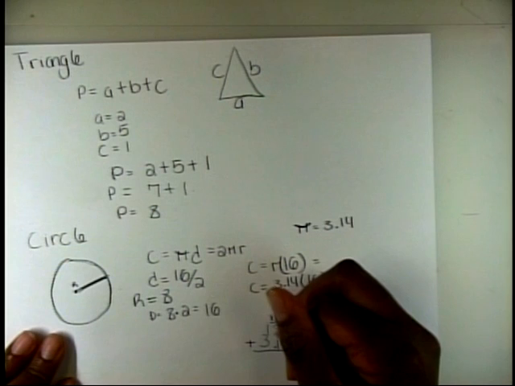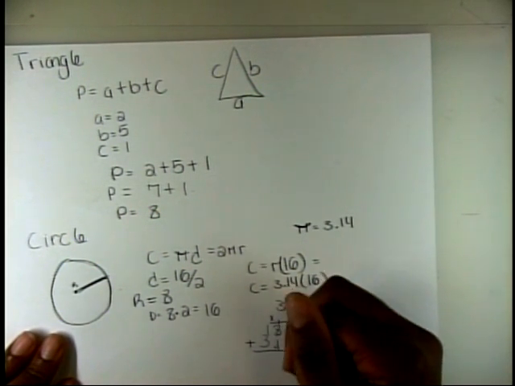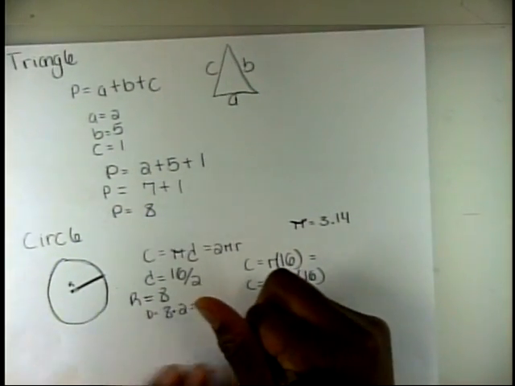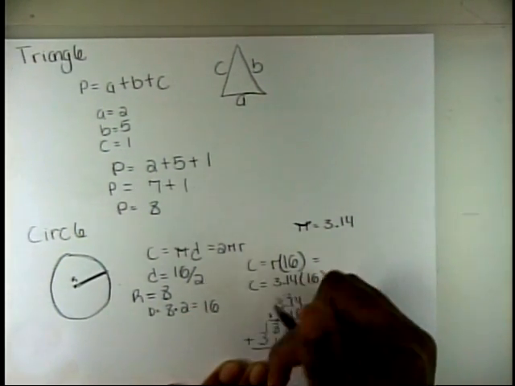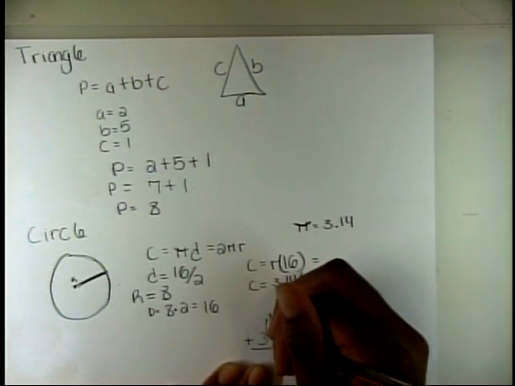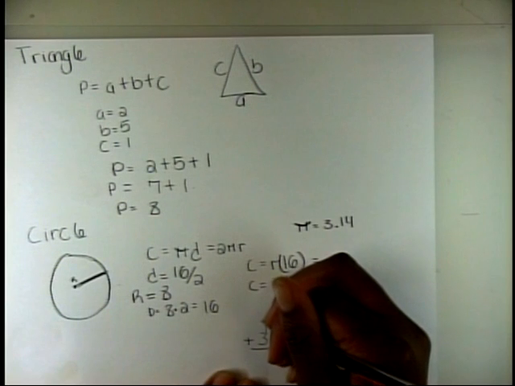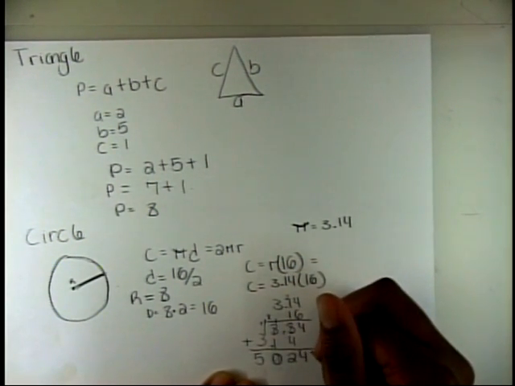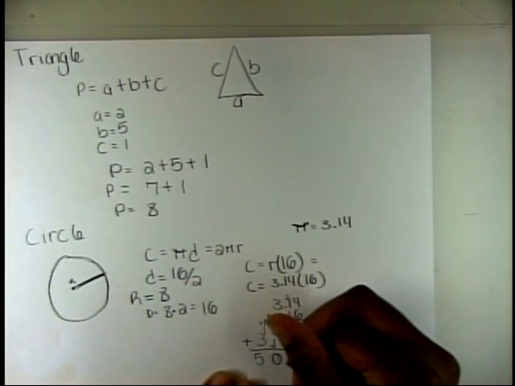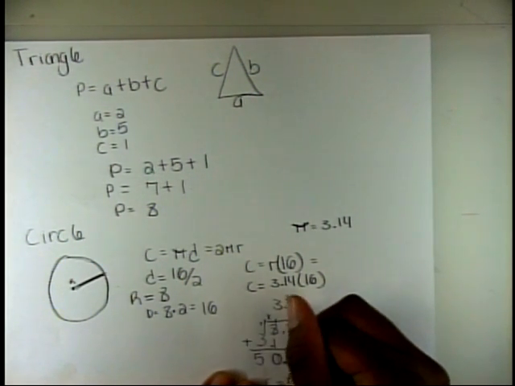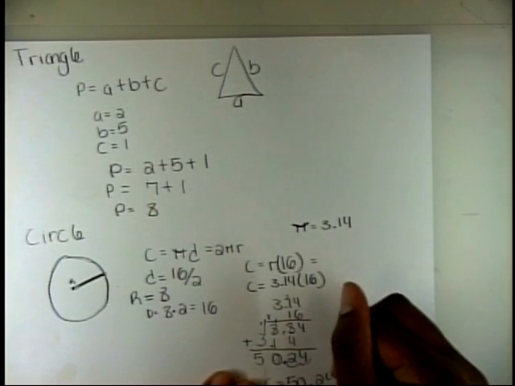Add my 1. 8 plus 1 is 9. Plus 1 will give us 10. Add that 1. 3 plus 1 is 4, plus 1, 5. So I go back and I plug in my decimal, which will give us 50.24. My answer will be C equals 50.24.